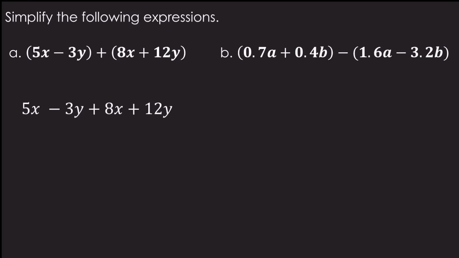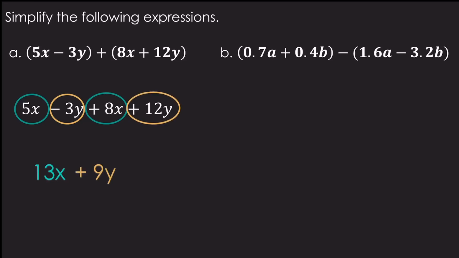So I have 5x and 8x to give me 13x. Negative 3y and 12y to give me 9y. That right there, that's it simplified. I can't do anything else. I can't combine the 13 and the 9 because one's an x and one's a y. I have now added my two polynomials.